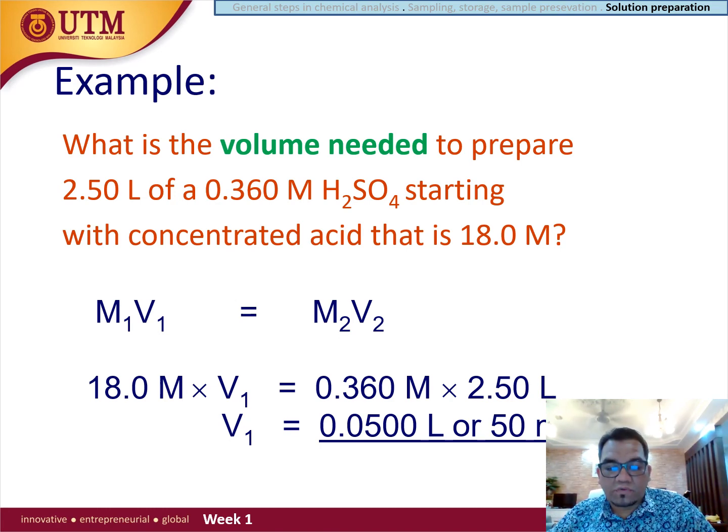How much volume do we need to take to prepare the 0.36 molar solution? We don't know, so we need to calculate it first. The final concentration that we want is 0.36 molar, and the final volume we need is 2.5 liters. So we can calculate the volume now because we have all the other values.